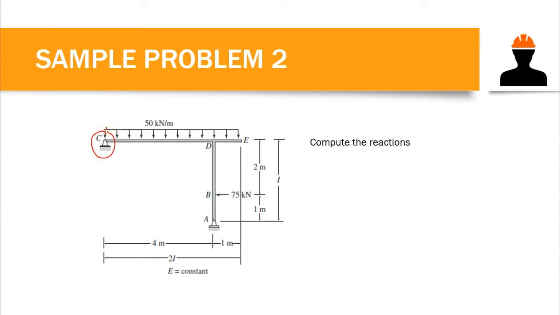That restricts the movement of our frame horizontally. Our goal here is to compute the reactions. This is an example of an indeterminate structure, because we have two supports and we can't apply the equilibrium equations alone to solve these unknowns. We have two supports and a total of 4 external reactions: CY, CX, AY, and AX.